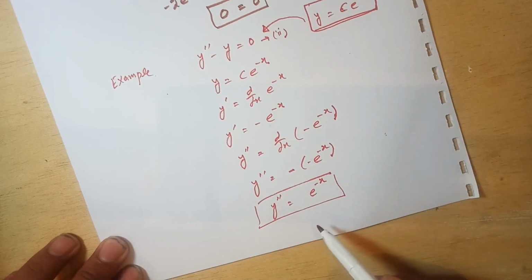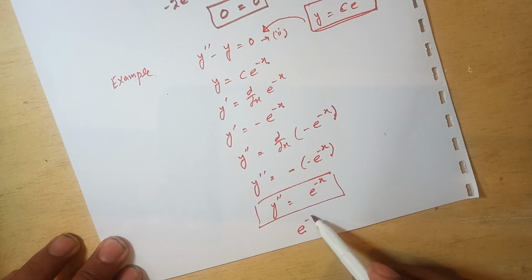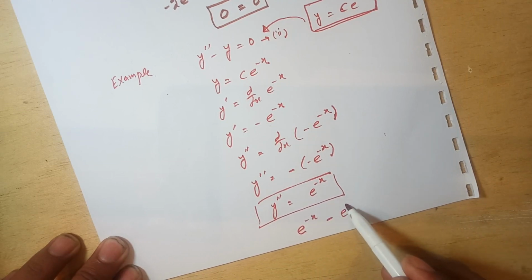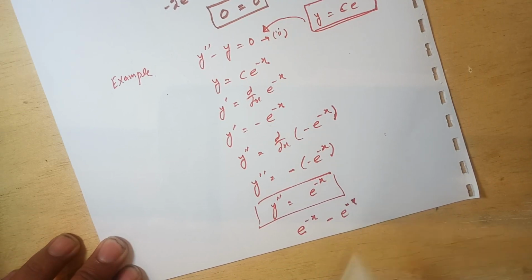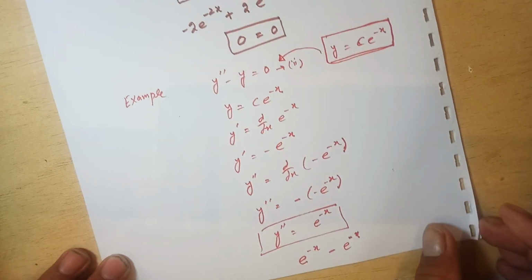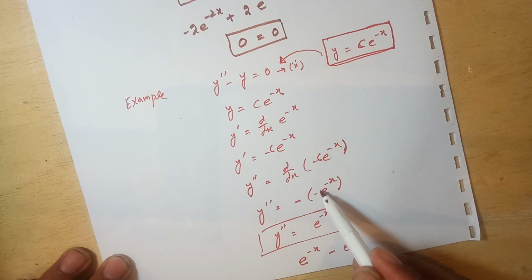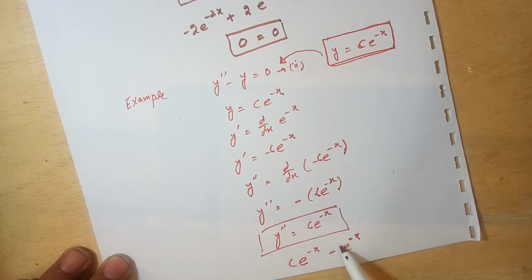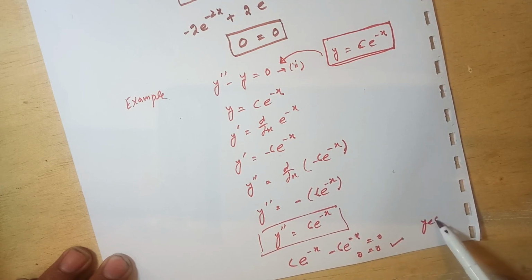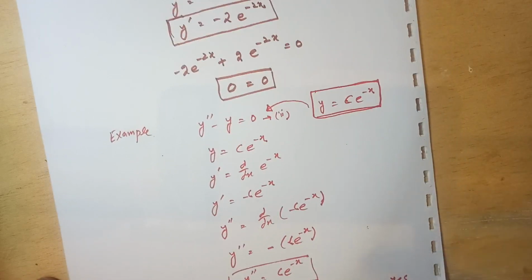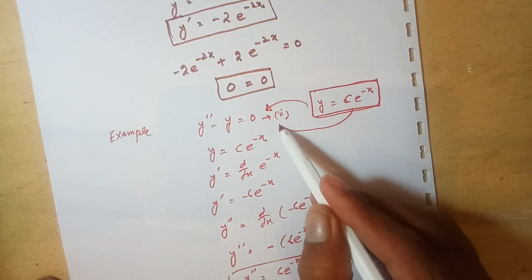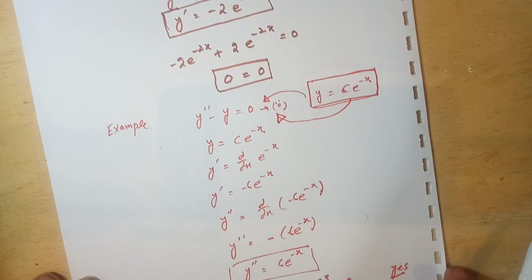We are getting c e power minus x minus c e power minus x, okay, sorry, here is c, so we also have to put the c's over here. Sorry, I did not mention it. So this is equal to 0. So 0 is equal to 0. So yes, this is the solution of that differential equation.